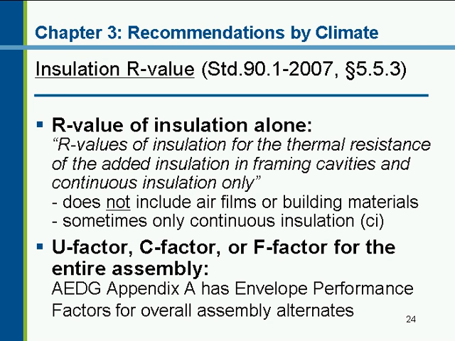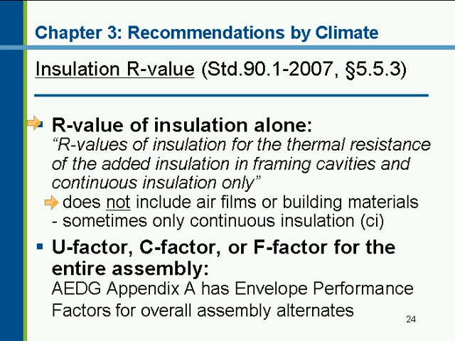So having given you a quick overview of these criteria for Climate Zone 1, let's talk in a little more detail about some of these categories. So the R value, this is the R value for the insulation alone. So it can be insulation that's either continuous or in framing cavities, but it does not include air films, does not include building materials.